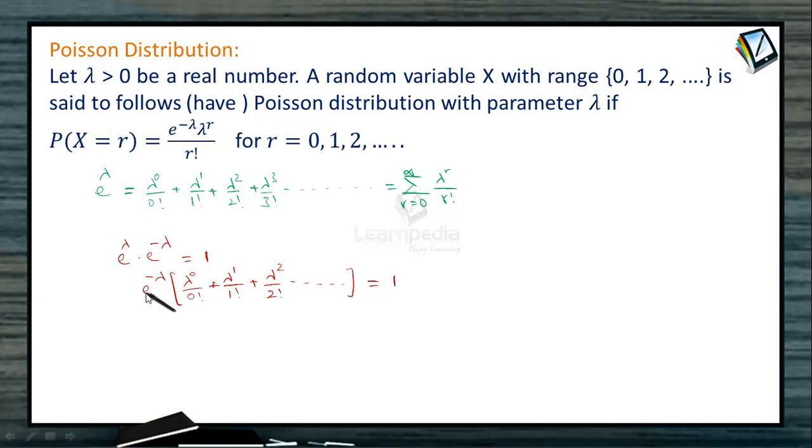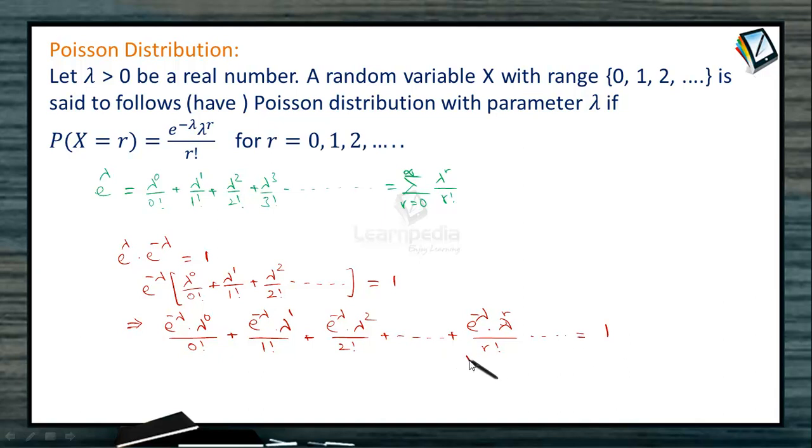Now expand this term with e power minus lambda on each side. Then this is e power minus lambda into lambda to the power of 0 by 0 factorial plus e to the power of minus lambda into lambda to the power of 1 by 1 factorial plus e to the power of minus lambda into lambda square by 2 factorial plus so on up to infinite terms, where the general term can be expressed as e power minus lambda into lambda to the power of r by r factorial, is 1.